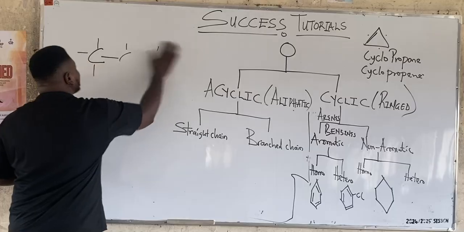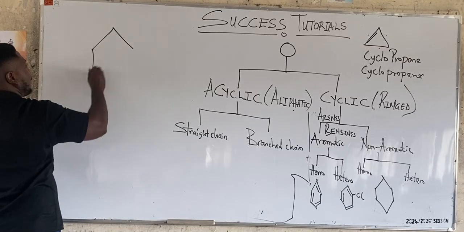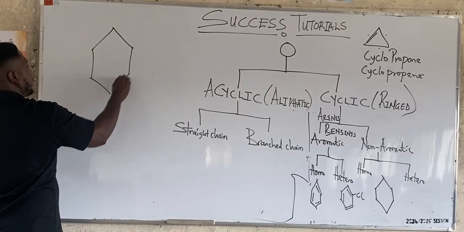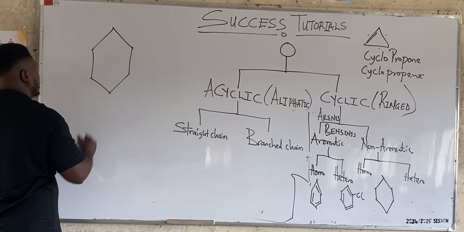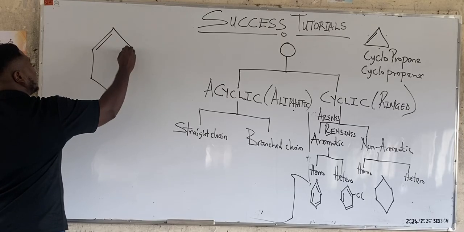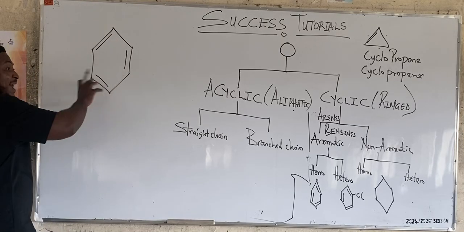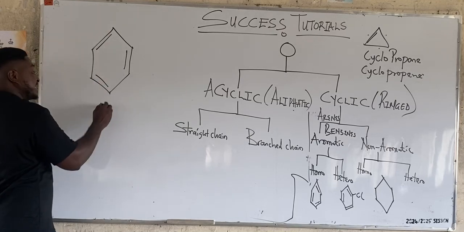If we look at these structures, class, this is benzene. How do you recognize benzene? After every double bond is a single bond, after a double, a single. Let me draw that structure here.